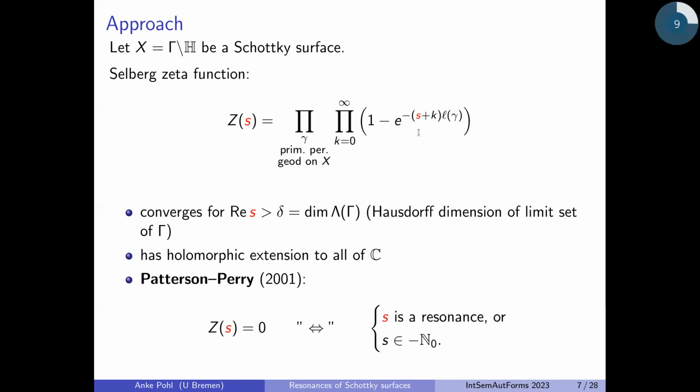Of interest for us is the result by Patterson-Perry, telling us that the Selberg zeta function has a 0 if and only if s is a resonance, or it's a so-called topological 0, and the topological zeros are at the non-positive integers. So at 0, -1, -2, and so on.